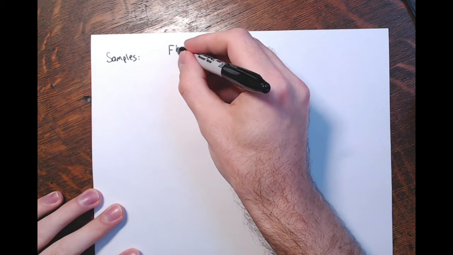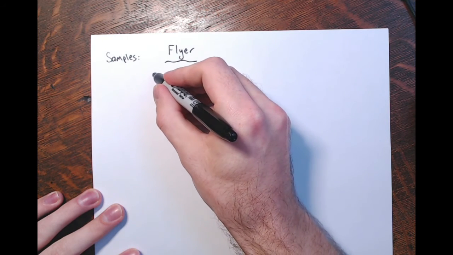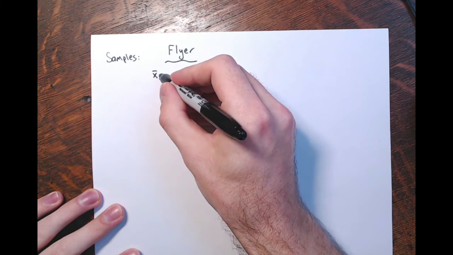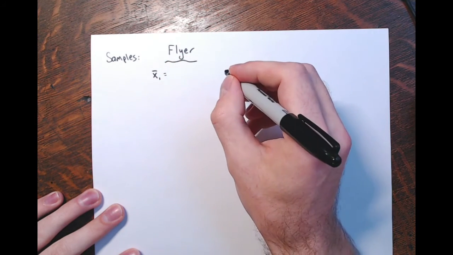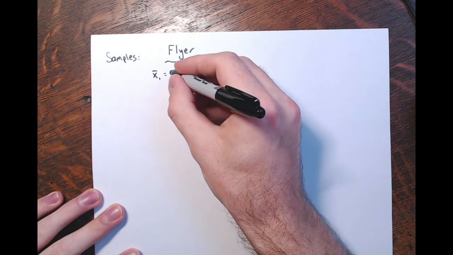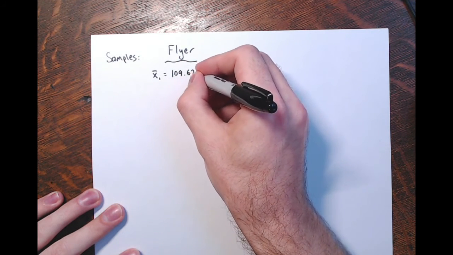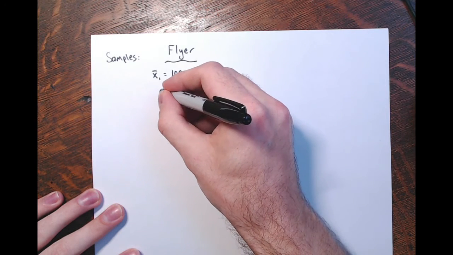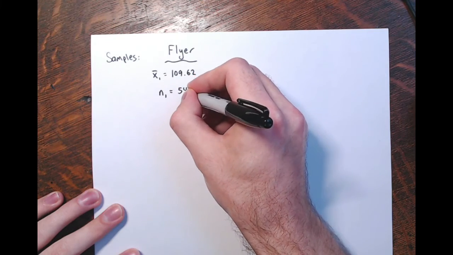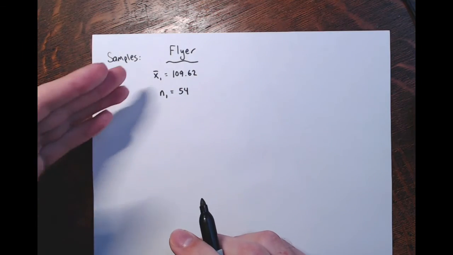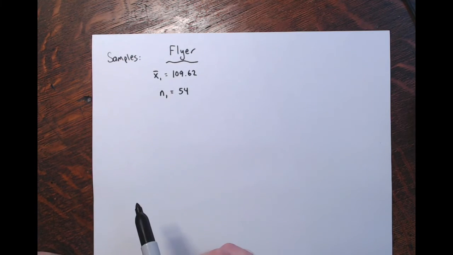There are the riders of the Flyer roller coaster, and the average number of riders per hour in those randomly selected hours is 109.62. She took a sample of 54 randomly selected hours to figure out how many riders per hour, on average, for that sample.